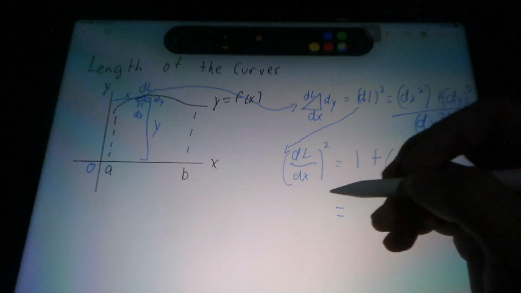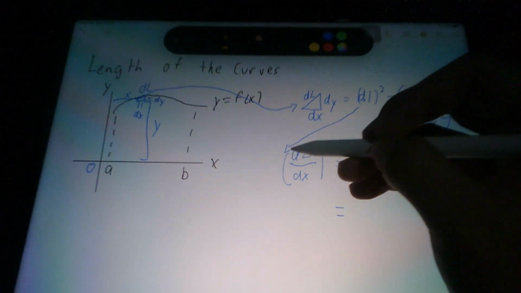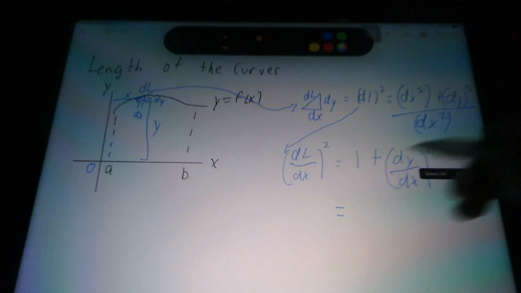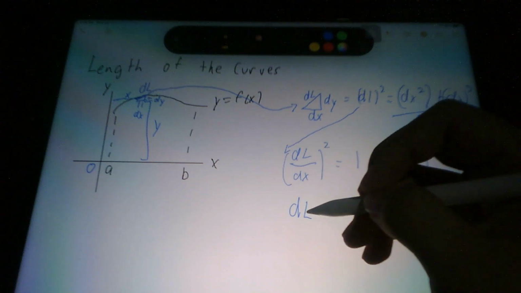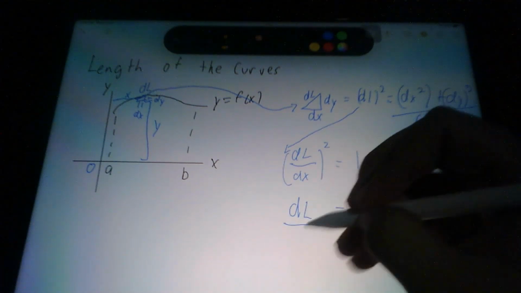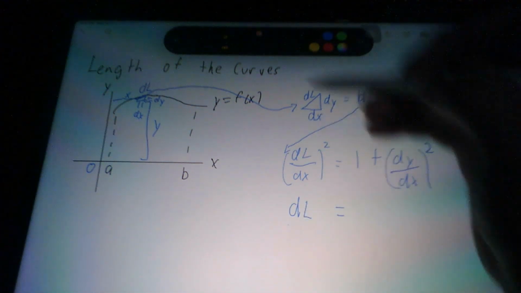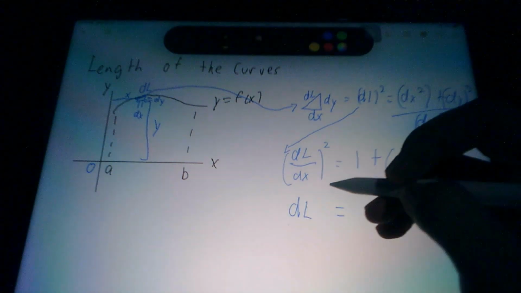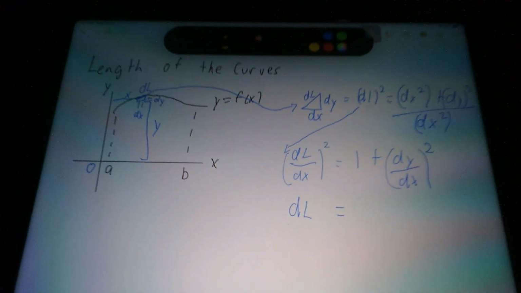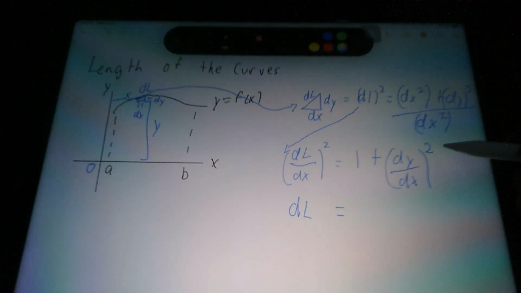Now here, if we divide both sides by dx, this will become dl over dx.